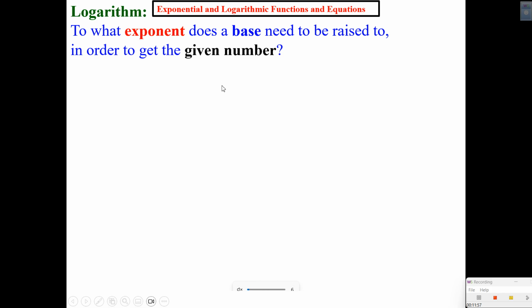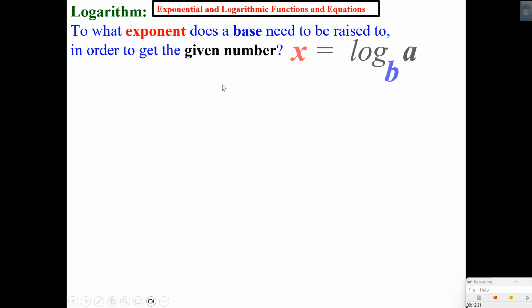Now, how do we write that with symbols? Look up. We write it like this. By looking at this, tell your neighbor which of these is the exponent. Enrique, which of these is the exponent?